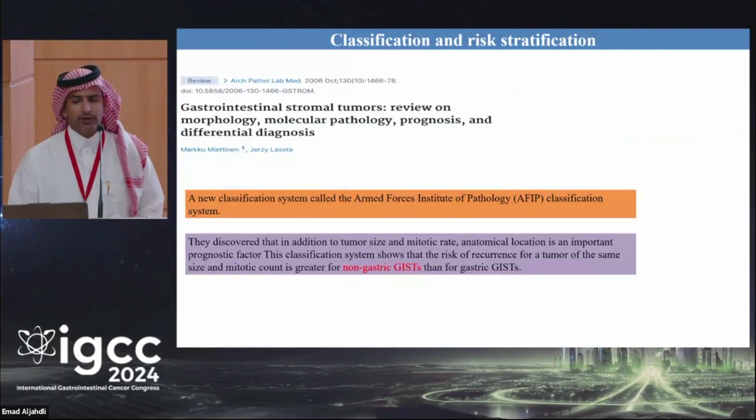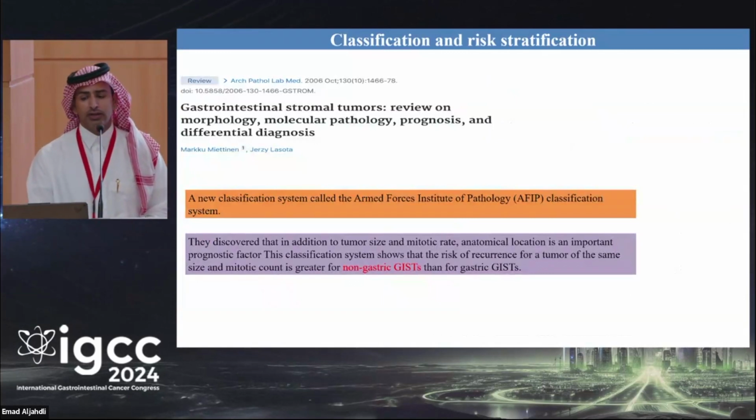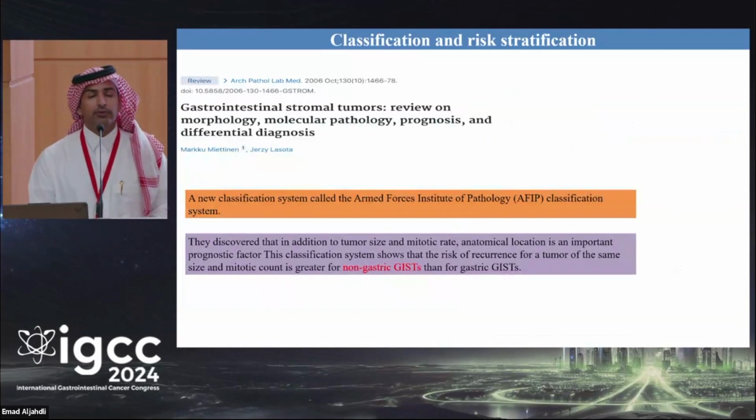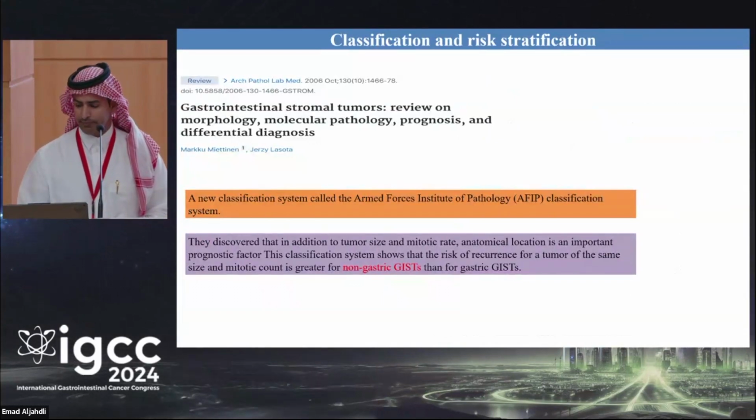Later on, around 2004, 2005, the Armed Forces Institute found that non-gastric GIST had a higher risk of recurrence, and they included non-gastric location as a prognostic factor.